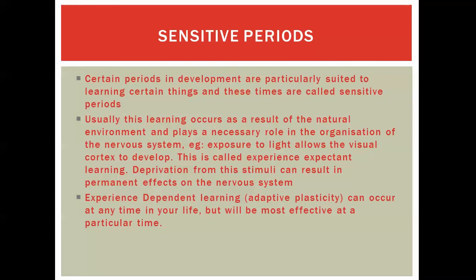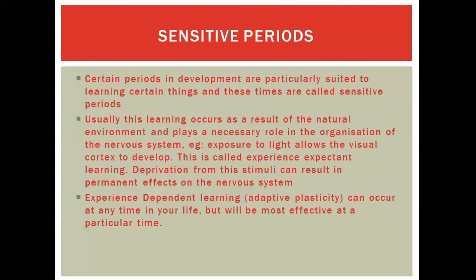So for instance, an example is exposure to light. It is essential that at some stage we are exposed to light, and we hope through normal natural environment that you're exposed to light pretty much from the moment you're born. And basically this is called experience expectant learning, because it's expected that you'll be exposed to light.